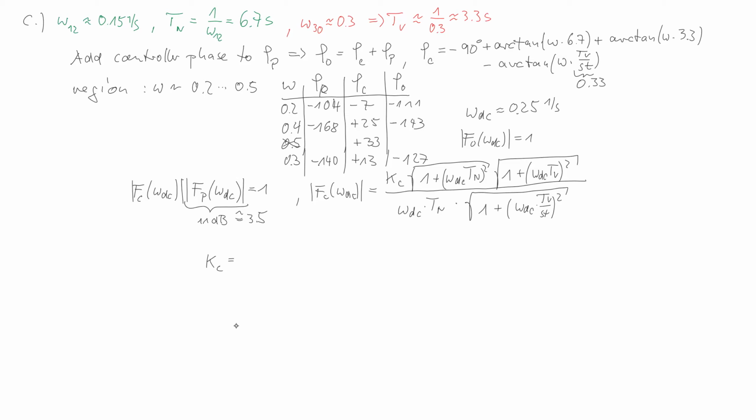We have to divide by 3.5. So Kc is 1 divided by 3.5 from the process phase, multiplied with omega dc, which is 0.25, times Tn, which is 6.7, in the numerator, times the square root of 1 plus 0.25 times Tv over step depth, where Tv over step depth is here 0.33.